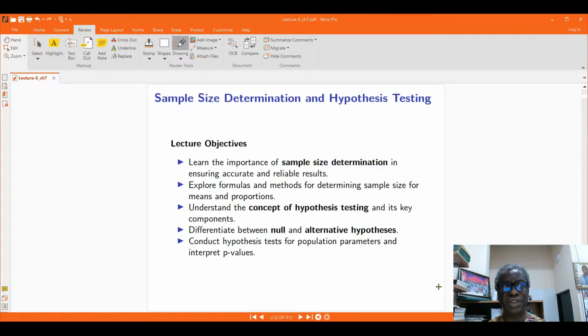Four, you should be able to differentiate between errors in hypothesis testing. So we'll talk about two types of error in hypothesis testing: the type 1 and type 2 errors, and how we interpret p-values. We will be able to apply hypothesis testing to real-world problems and at the same time draw meaningful conclusions.